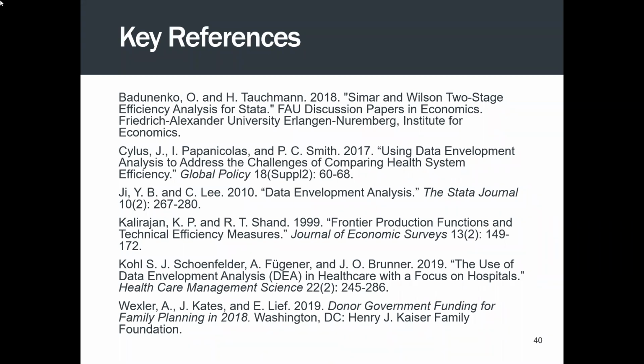I would say that the literature on stochastic frontier analysis application to health systems is very limited. Again, mostly due to the improved strengths of DEA as a way to look at the complex processes and possibly unknowable processes that are inherent to health systems decision-making and health systems production of outputs.